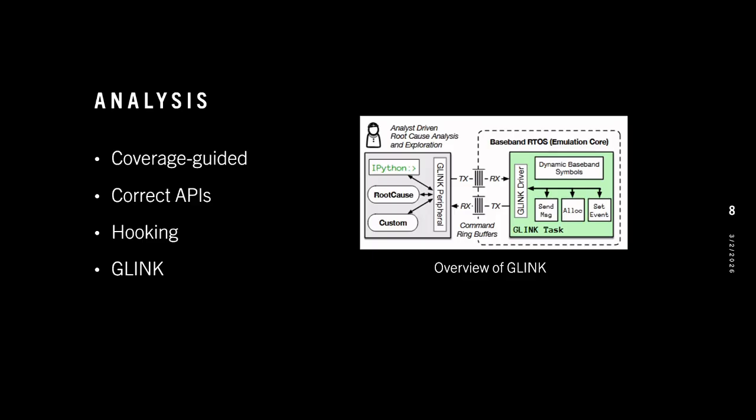Well, what the authors did was that they used coverage-guided fuzzing, and they made sure to fuzz the protocol implementation from within the baseband, so they would follow the rules of the baseband processors. This meant using the correct APIs so that any false positives due to uninitialized states would be avoided, so they could actually get to a good state that would be seen on an actual device to start with.